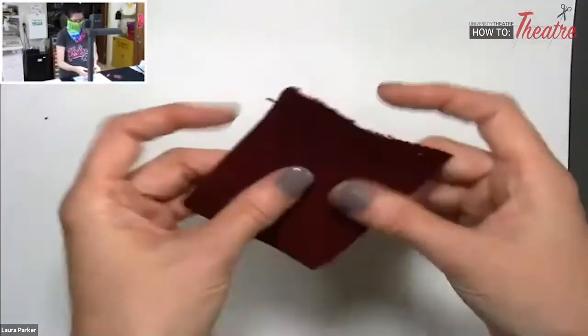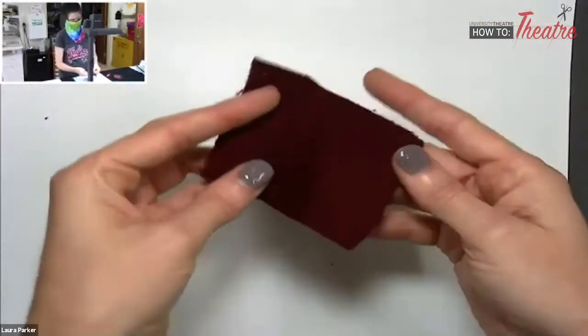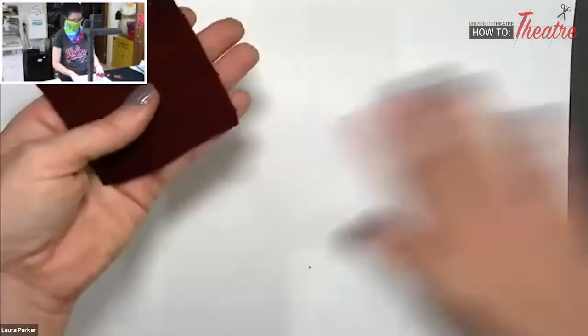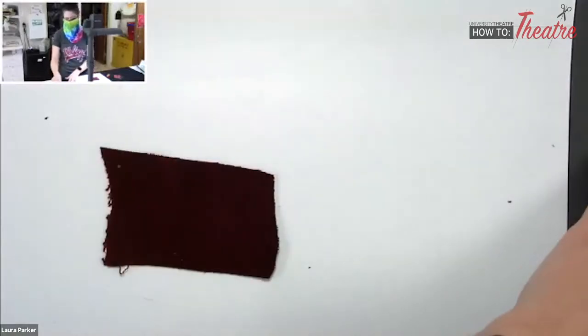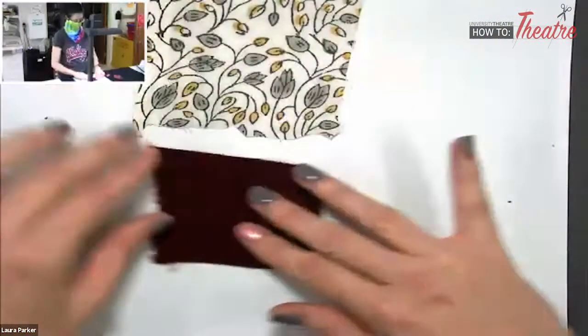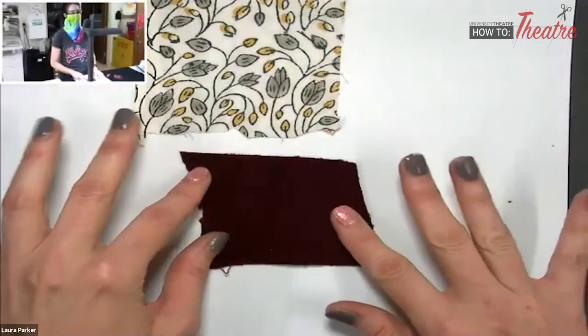And the other thing that we just need to be really, really careful about when we're cutting or laying out our fabric or laying out our pattern on our fabric is either pattern or the direction of the fabric.